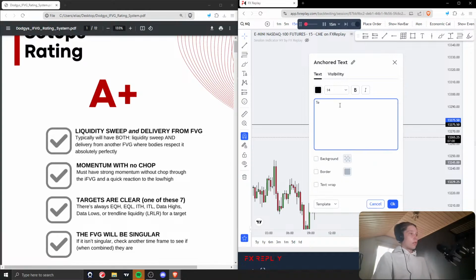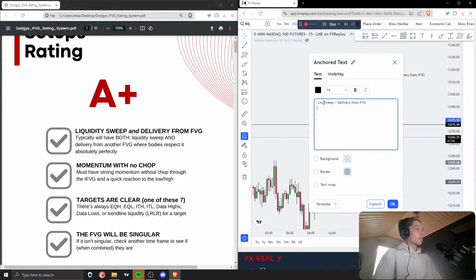Okay, let's just have them like this. We're going to see liquidity sweep and delivery from fair value gap.